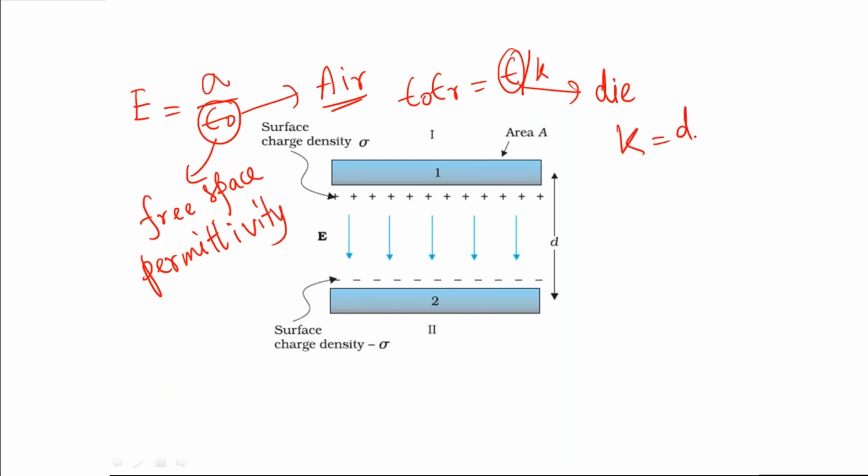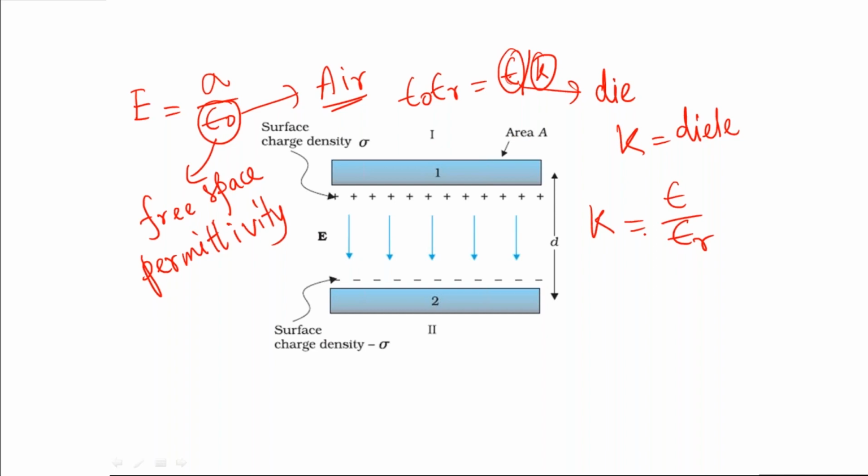I'm sorry, this is again permittivity, the permittivity of the material, not the free space. So if I write this as k, this is epsilon by epsilon r. This is called dielectric constant.